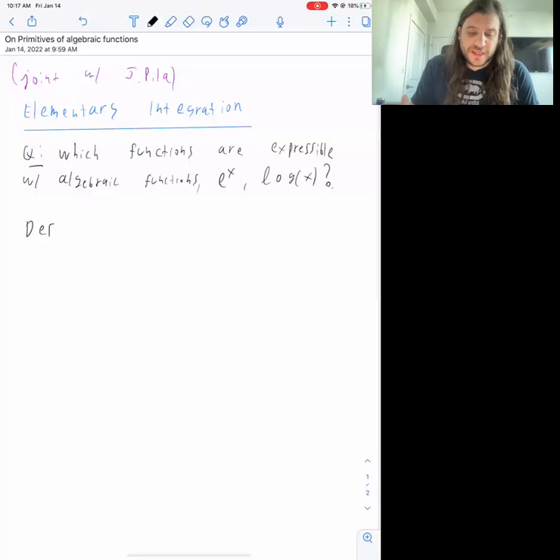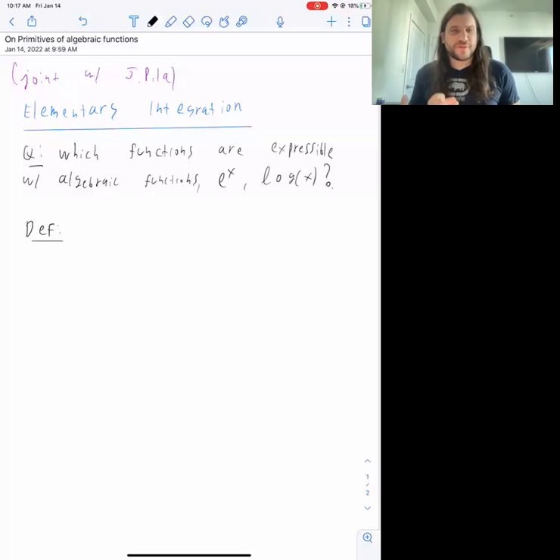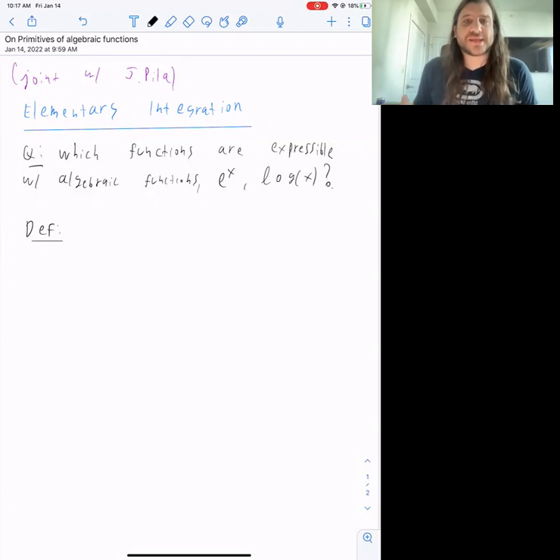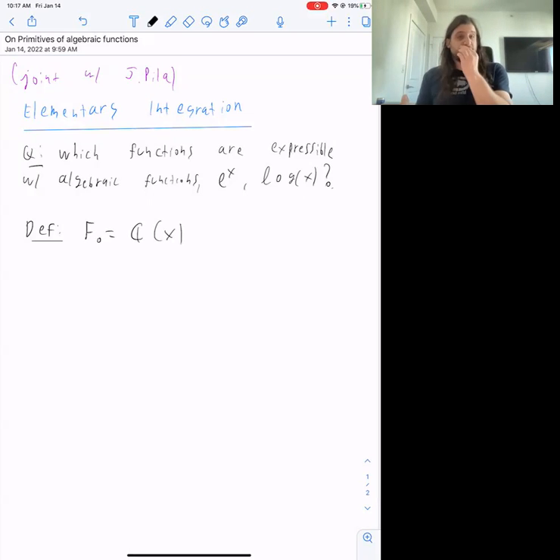So I don't want to present too formal of a system for dealing with this, though formally we're going to be thinking about differential fields as a context for this question. But to get down to a slightly more familiar system, let's just fix F naught to be the field C adjoined X, so rational functions in one variable.